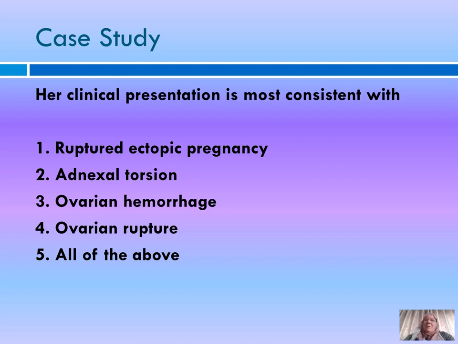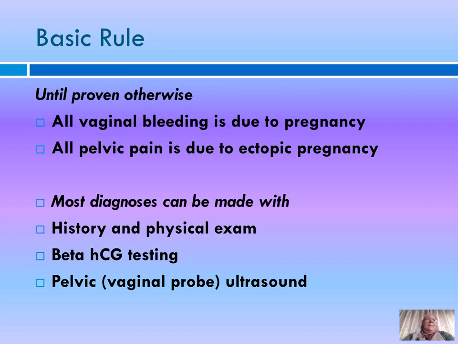Yes, you would be right in saying all of the above. With this information only, you cannot make a proper decision yet. The basic rule in gynecological emergencies is that all vaginal bleeding is due to pregnancy and all pelvic pain is due to ectopic pregnancy, until proven otherwise.